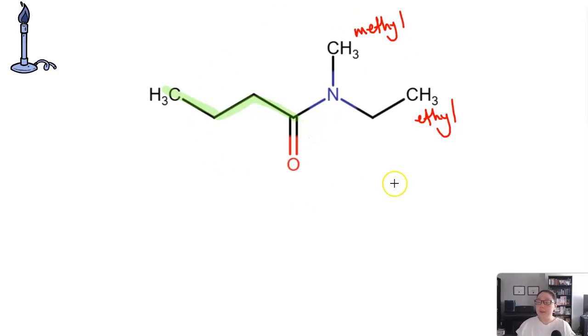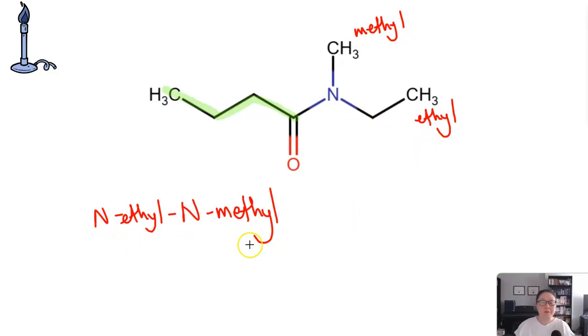So when you put all of this together, you're going to have that methyl and ethyl come first. And after you put in your N-ethyl and N-methyl, don't forget about the space, because these are amide things, so not part of that parent chain, so there has to be that space. And then the butanamide. So once again, this whole thing ends up being N-ethyl-N-methyl butanamide.